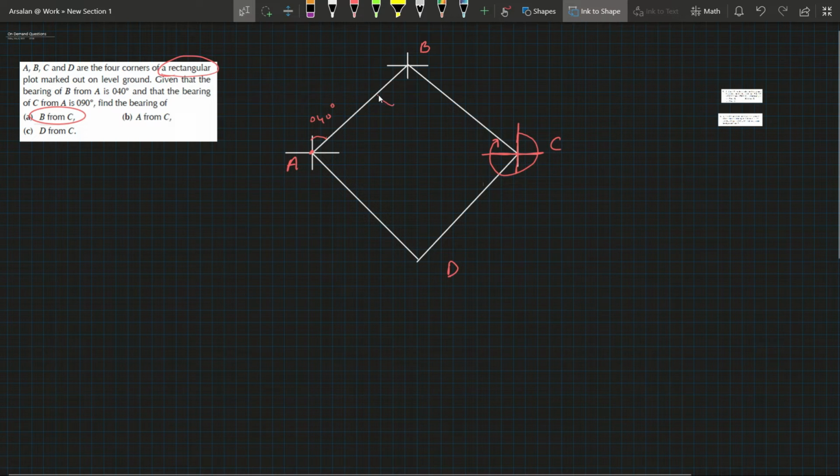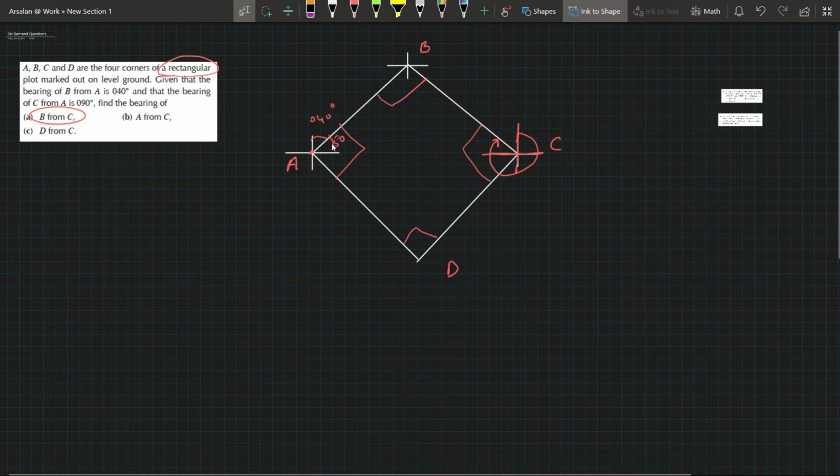Also remember that it's a rectangle, then the inside angles are all 90 degrees, including this and D also, right? If this part of the angle is 40 degrees, then with the horizontal axis it is 50, right?